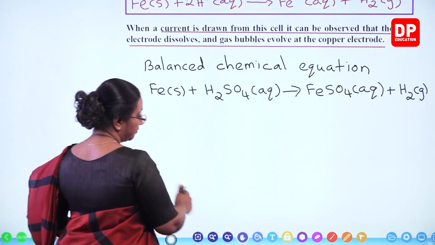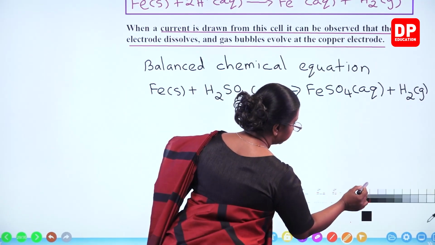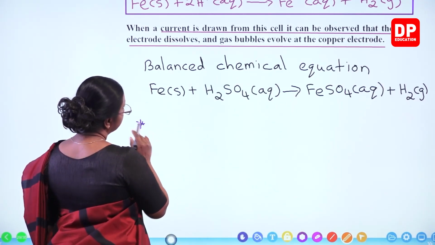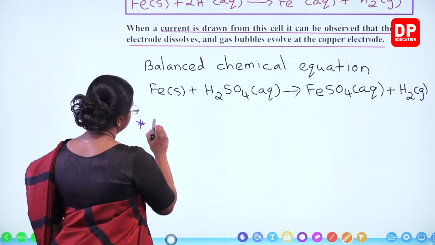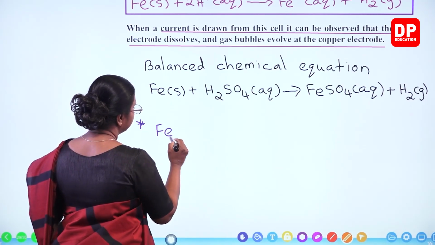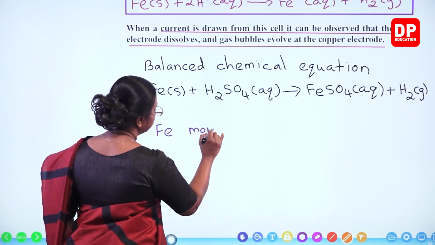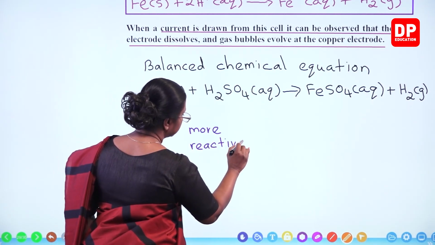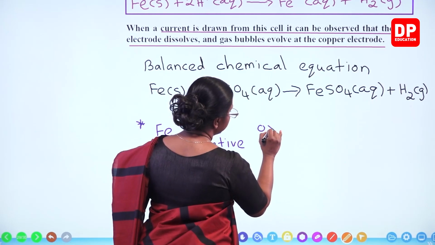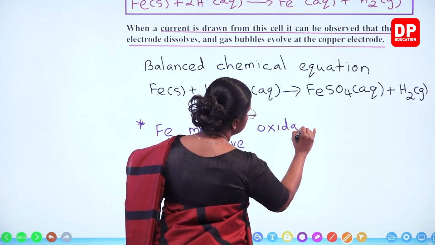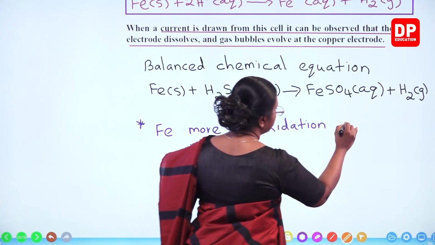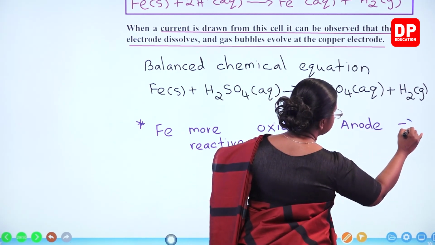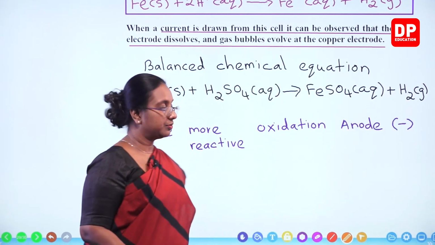And you have to remember, students, if we summarize, here iron is more reactive, so it is oxidation, anode, and becomes the negative electrode.